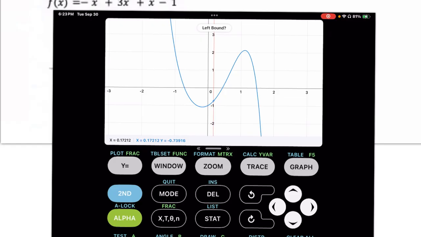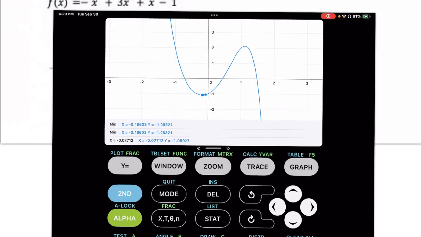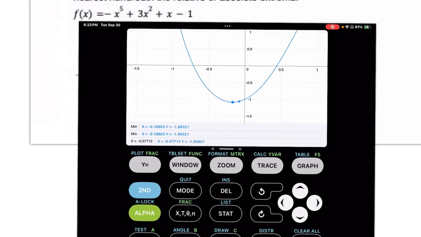It might be some little cursor that's on the curve, but for my app, it gives me this weird line. But I'm going to go slightly to the left of the min that I'm interested in, and I'm going to hit enter. Now it's asking me for the right bound. So I'm going to go slightly to the right of the min that I'm interested in, and I'm going to hit enter. And then it gives it to me. It is actually that negative 1.08321 thing.